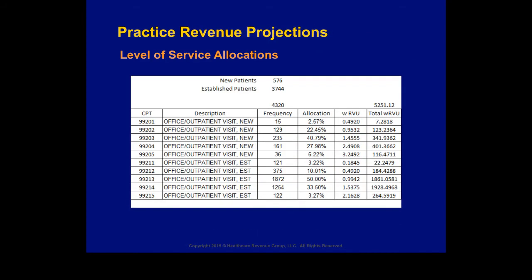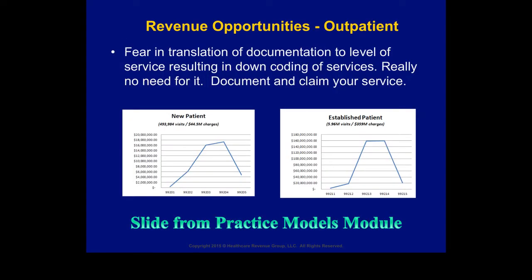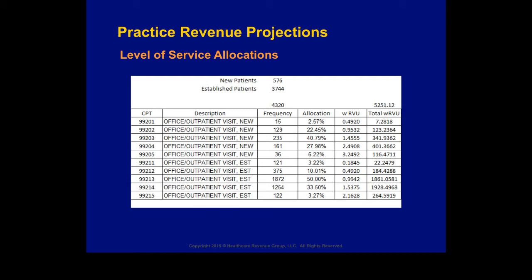Then I'm going to take the allocation on my established patients right here as 3.2%, 10, 50, 33, 3%. Again, how did I get that allocation? That allocation is how this spreads across. So once I take these allocations, and I know I have 576 new patients, I take 576, multiply it by 2.5%, I get 15. 576 times that, 129.